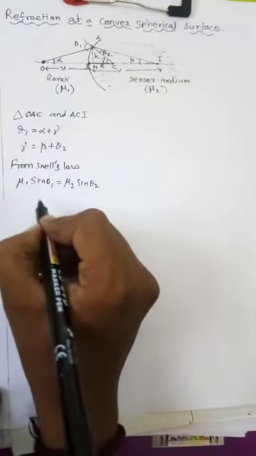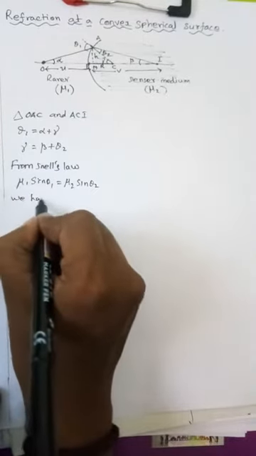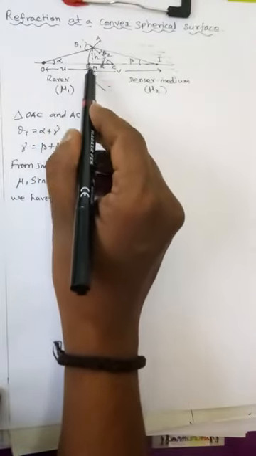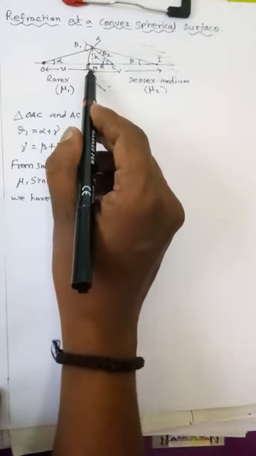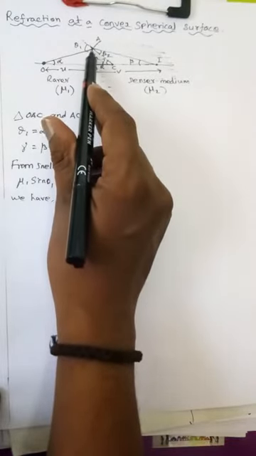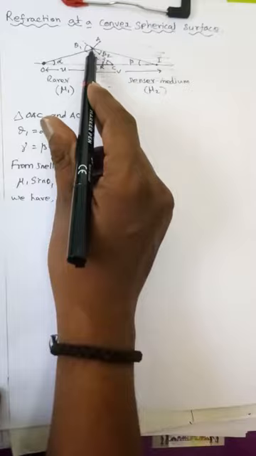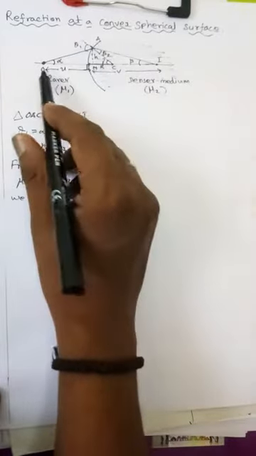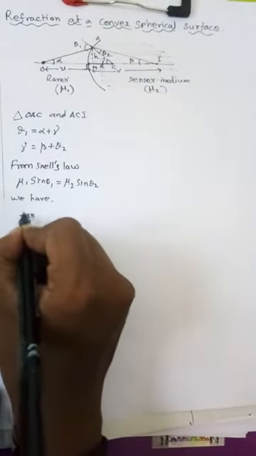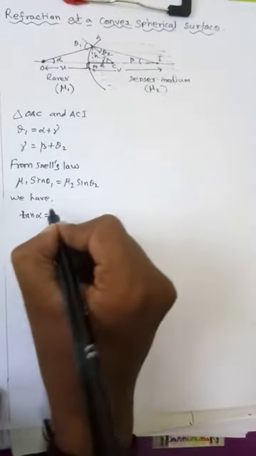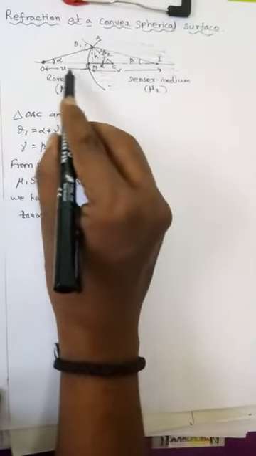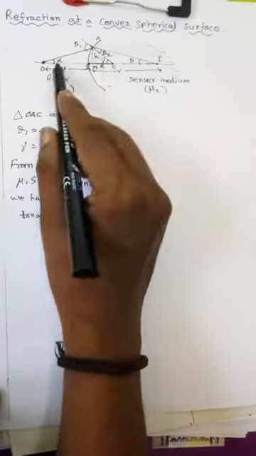Here we have tan alpha to find. You take one triangle, with this imaginary other side H, O, M, A. Take the triangle OMA: tan alpha is equal to opposite H, adjacent u, so tan alpha is H by u.